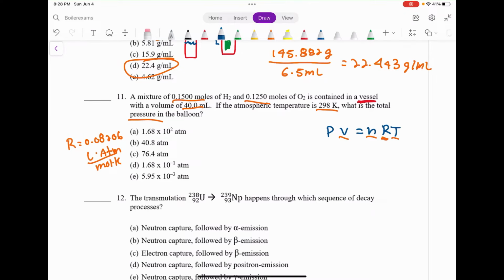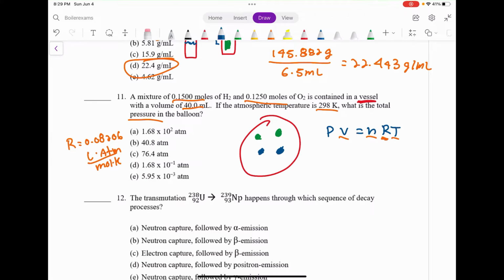There's, in theory, two ways we could solve this. We could solve for the partial pressure of each species and then add them. So actually, maybe I shouldn't have erased my picture. So each one of these species is contributing a partial pressure to the system.